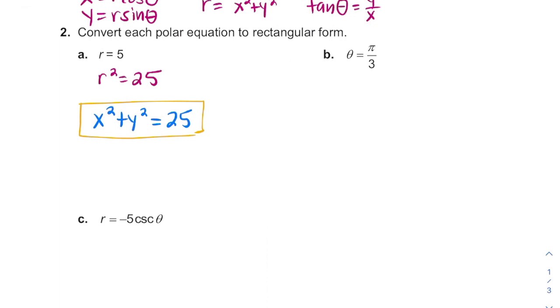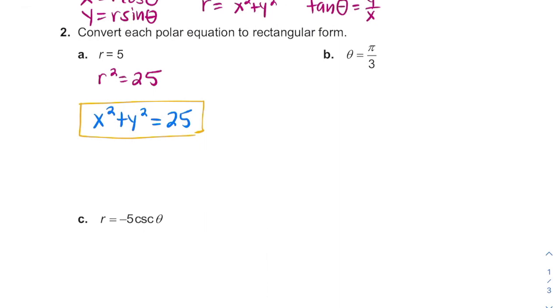And so the polar equation r equals 5 gives us a circle in rectangular coordinates, and it's a circle in polar as well, with a radius of 5. So that's the first example. When you have just a plain r, we can replace that with x squared plus y squared when there are no trig functions around. Part B, we are working with theta.